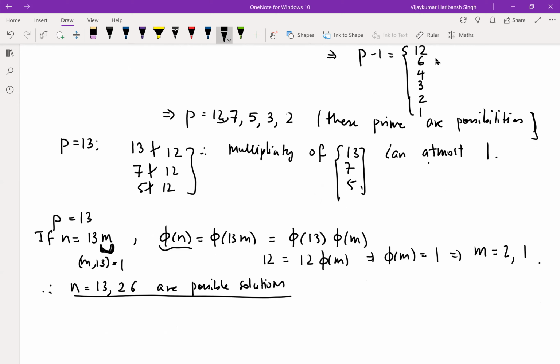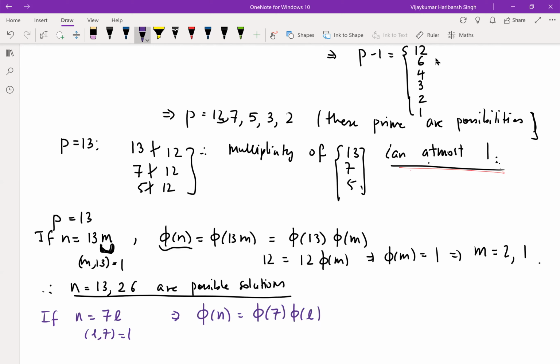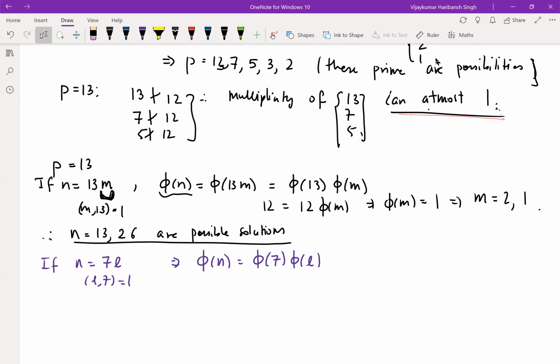Again, 7 appears at most with multiplicity 1 because of the statement above. So similarly, if n equals 7L, where L and 7 are coprime, this gives us phi of n equals phi of 7 times phi of L. Now phi of n is given to us as 12.